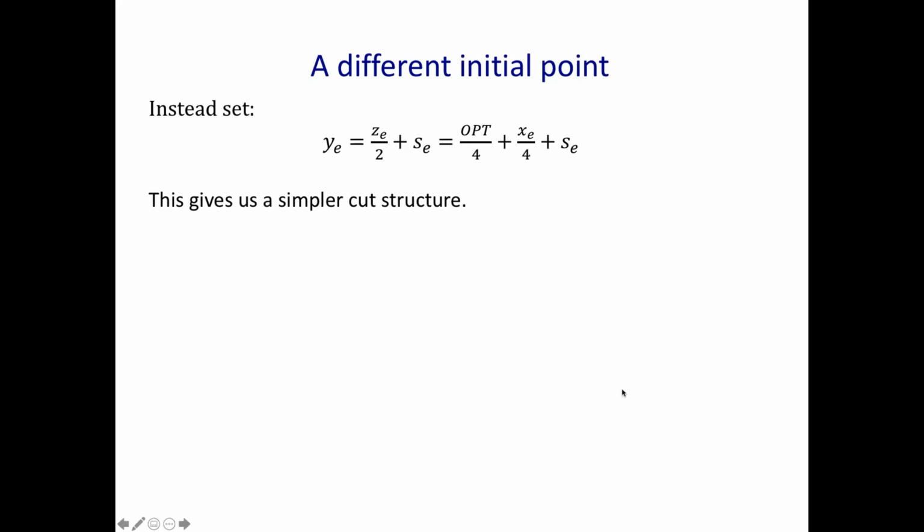Okay, so recall we're trying to show that there's a good solution to the matching LP, and previously we used half of the optimal TSP-LP solution as our initial point. Now we're going to instead start with half of z. So now we'll set y_e to be z_e over 2 and then add our Slack vector. And now we only need to worry about cuts that are intervals of the optimal cycle.